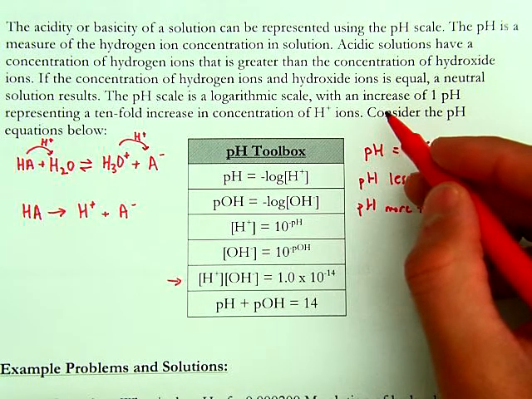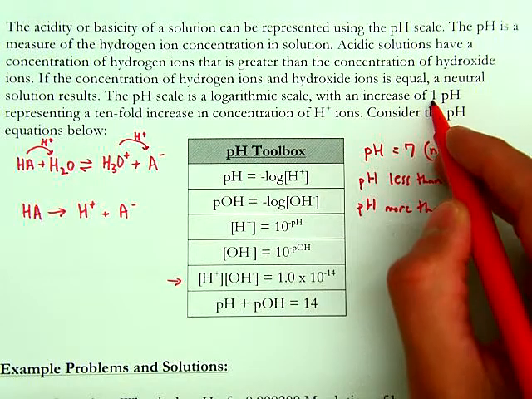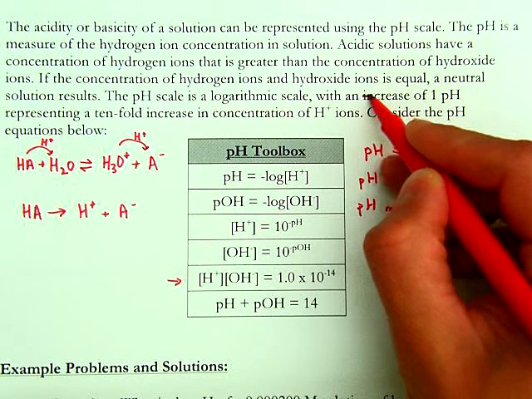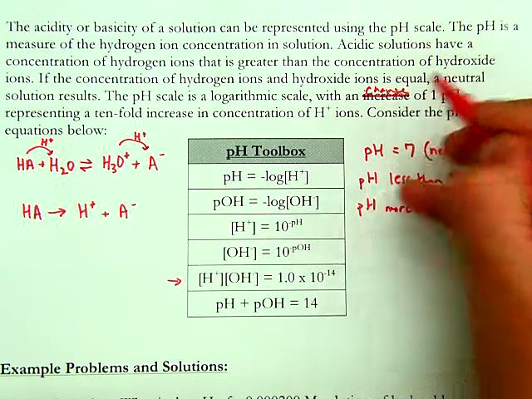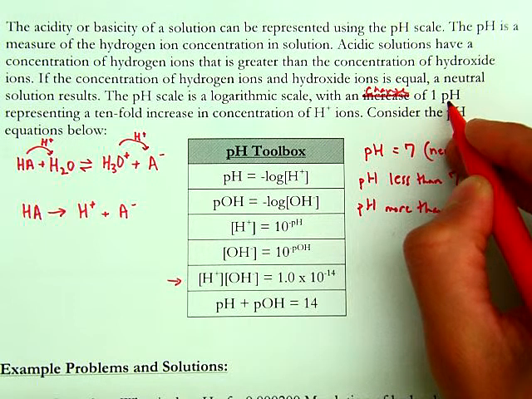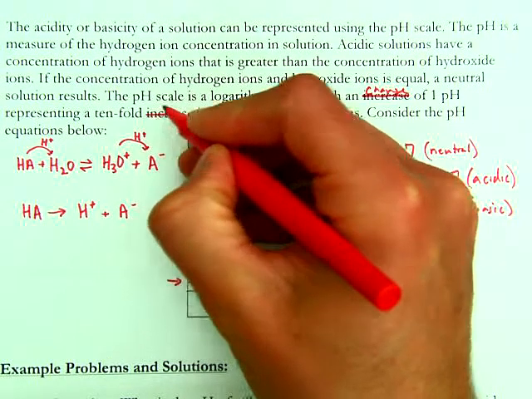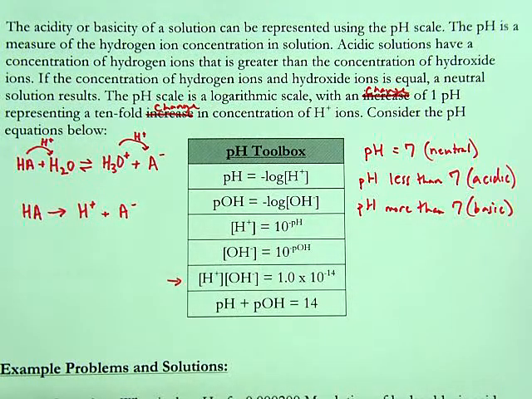So what I'm trying to say is that with a change of 1 on the pH scale, that represents a 10-fold change in the concentration of H.